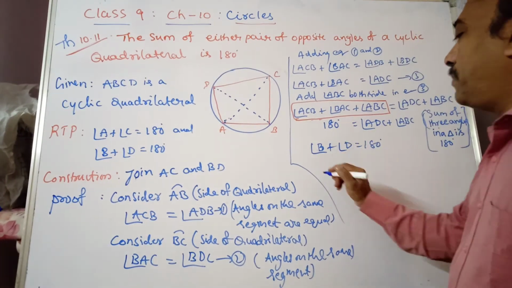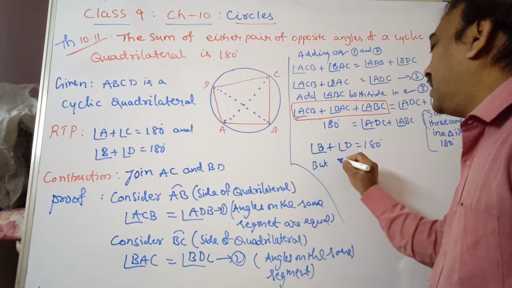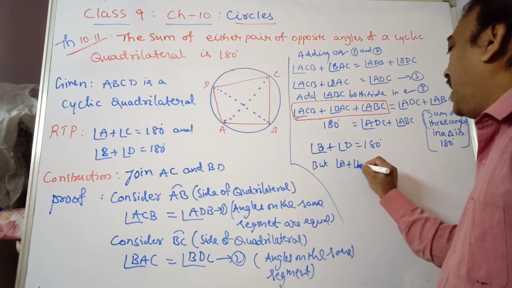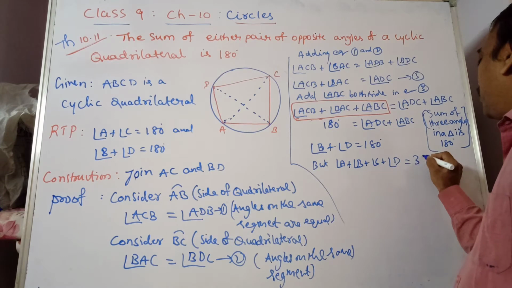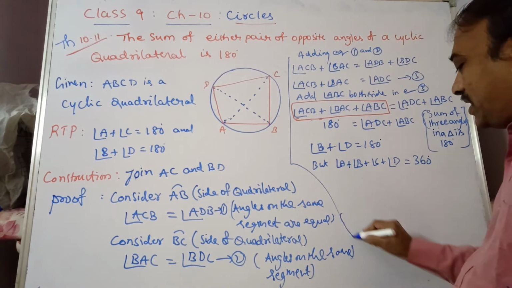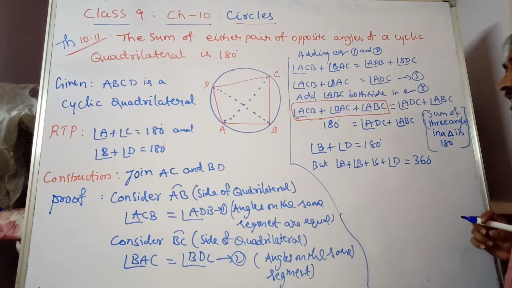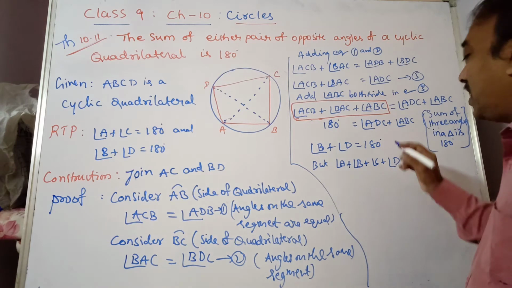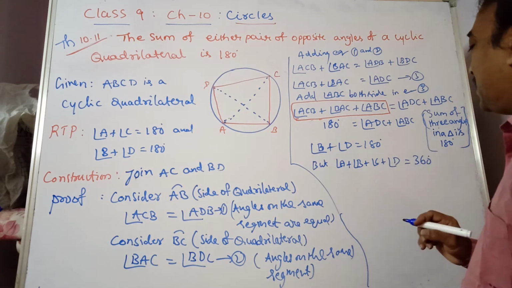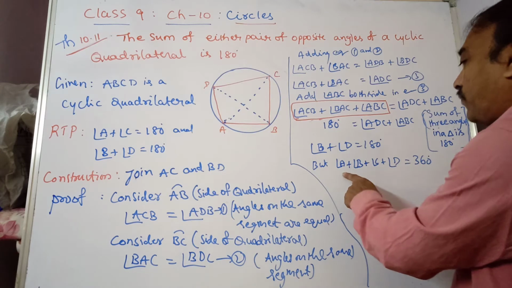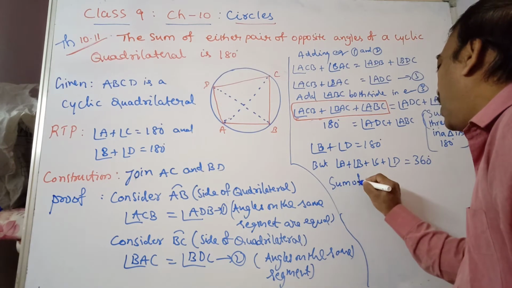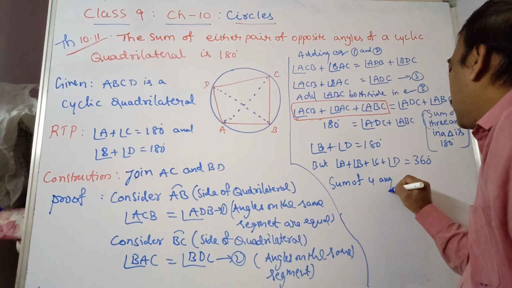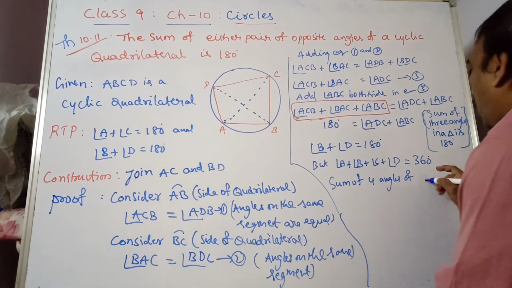And we know that angle A plus angle B plus angle C plus angle D is equal to 360 degrees. What is the reason? Why 360 degrees? Sum of the four angles in a quadrilateral is 360 degrees.